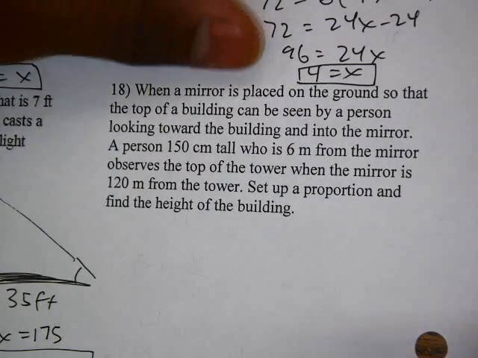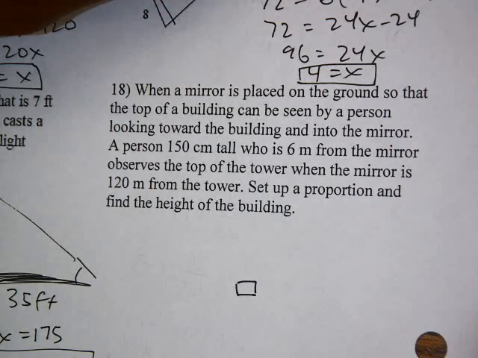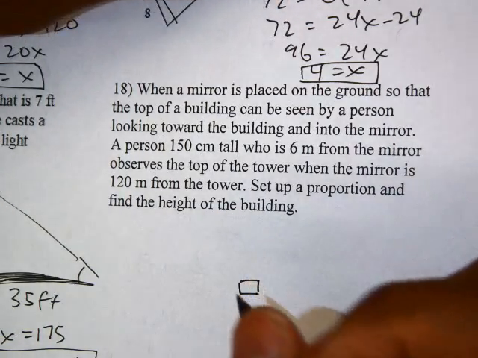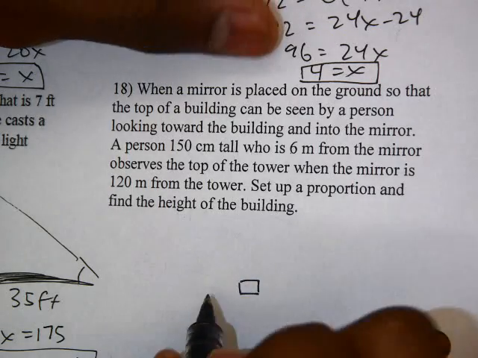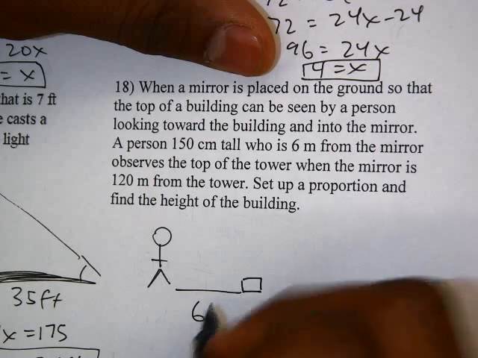So in 18, a mirror is placed on the ground, so the person looking into it can see the top of the building. The person is 150 centimeters tall and 6 feet from the mirror, so there's 6, not feet, so meters.